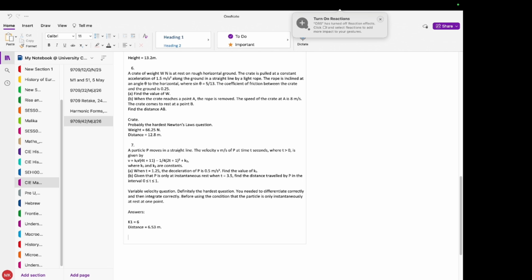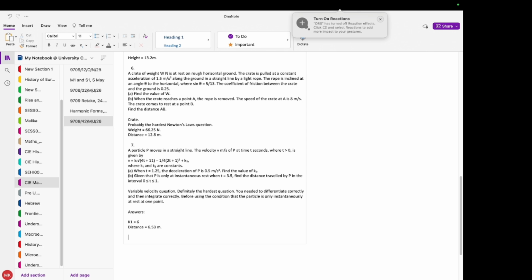It was a medium, fair mechanics paper with one difficult ending question to differentiate between the top candidates and other people who potentially scored below an A or an A star, unfortunately. And most candidates probably dropped marks on questions 4, 6, and especially 7.